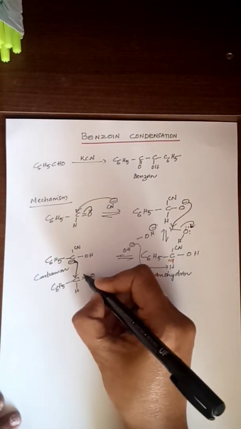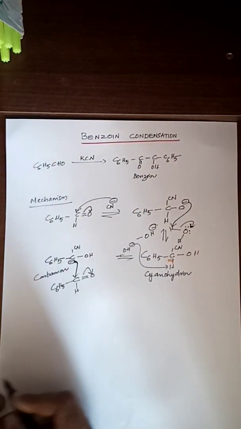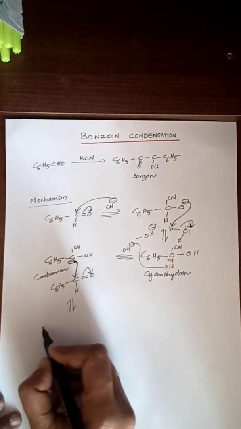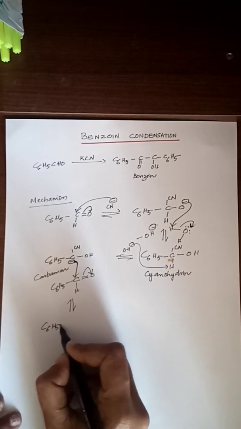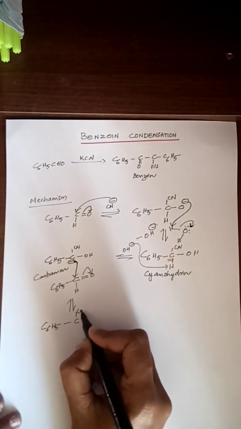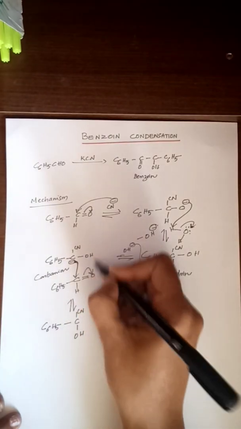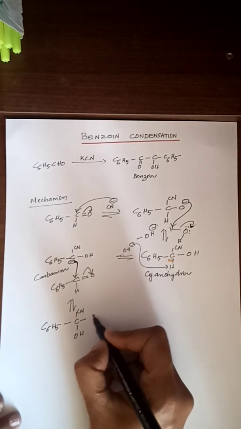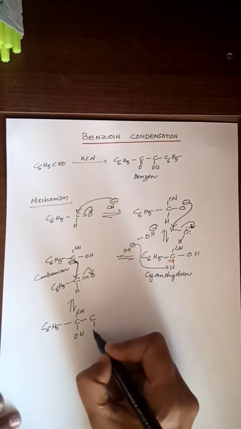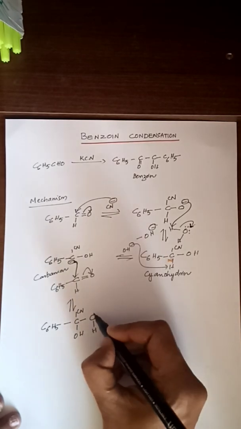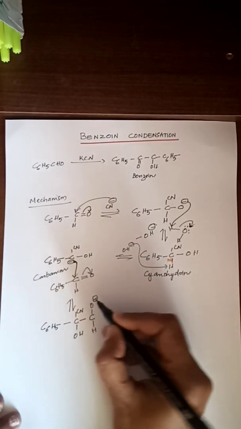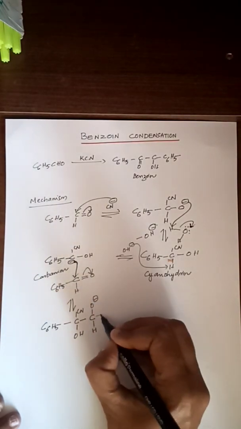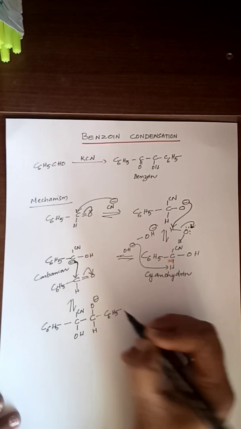The carbanion will attack the carbonyl carbon, then the pi electrons will shift to oxygen, so that we get the addition product: C6H5-C(CN)(OH)-CH(O minus)-C6H5. O now has the negative charge because the pi electrons have shifted to oxygen.